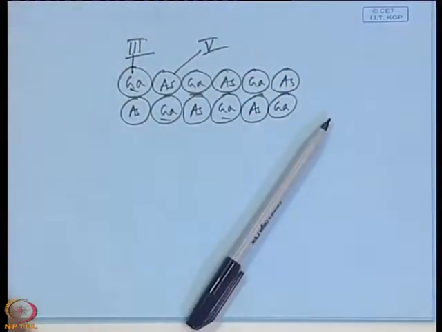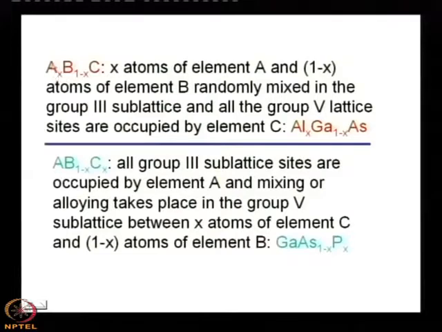And here in this example, you see that A and B are group 3 elements. That means, x atoms of A and 1 minus x atoms of B are there in the group 3 sublattice, but all the group 5 sublattice are occupied by element C. Then it is one material which can be formed by band gap engineering, and one example is aluminum gallium arsenide.